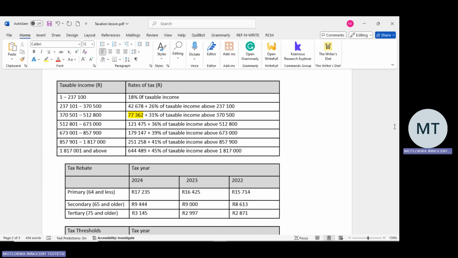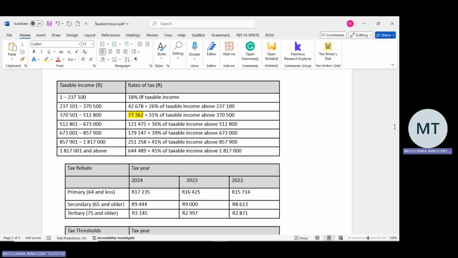Then things are going to change when it comes to taxable income above. On taxable income above, we are going to take the amount on tax bracket number 3, where we are looking for that amount.